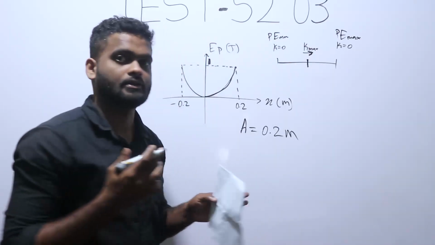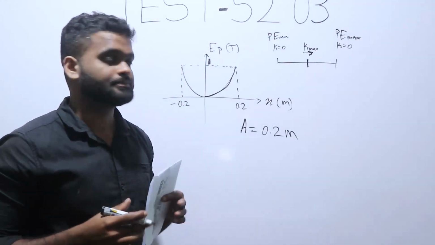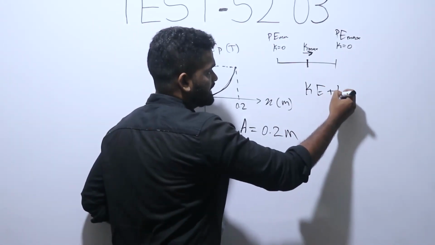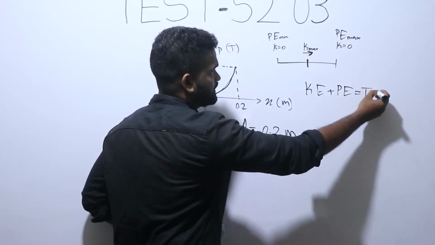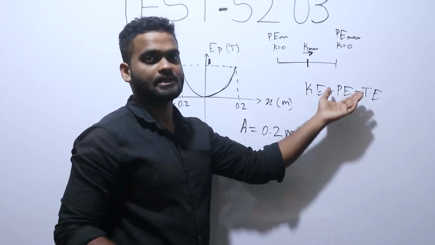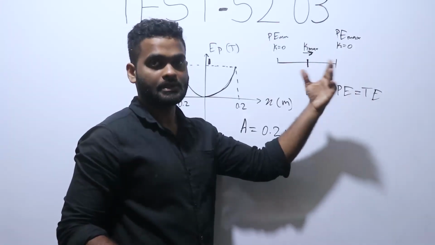Okay, so how does that vary? You know that kinetic energy plus potential energy is the total energy of the simple harmonic motion.